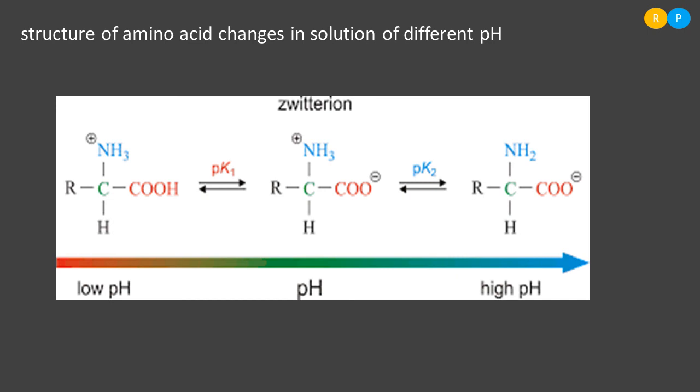Understood? So because the carboxyl group gets protonated, the amino acid will get positively charged.